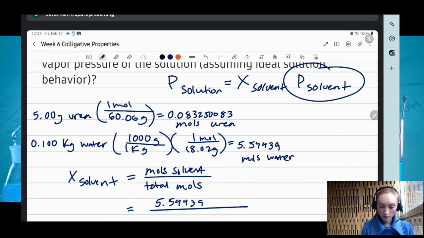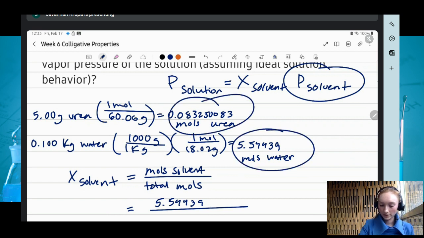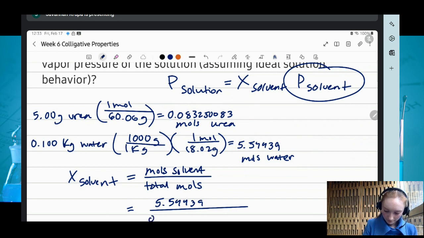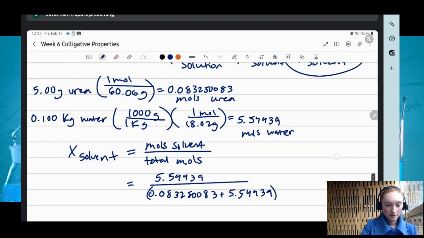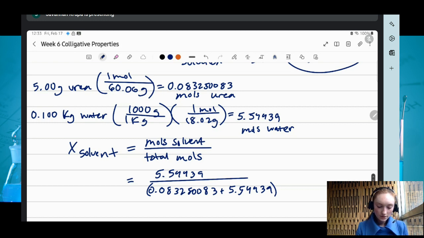And the total moles will be the moles of urea plus the moles of the water. And so that will be the fraction. Now that we have the mole fraction, we can directly implement this into finding the P of the solvent, so the pressure of the water.